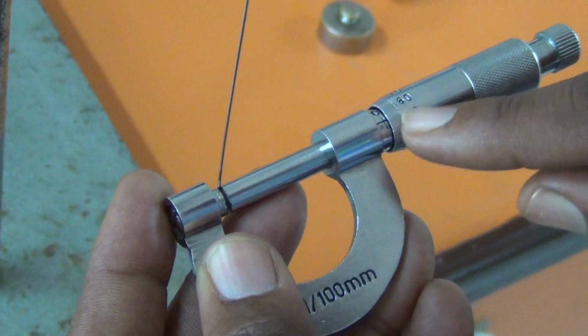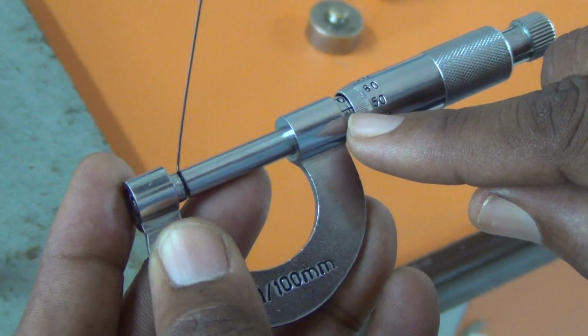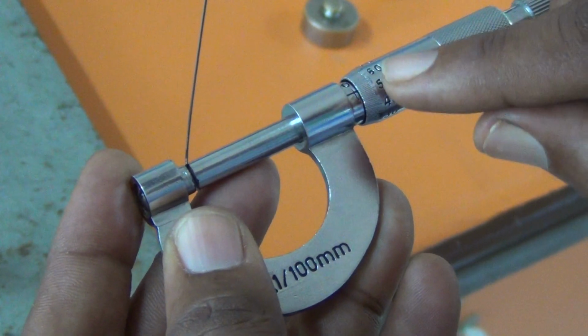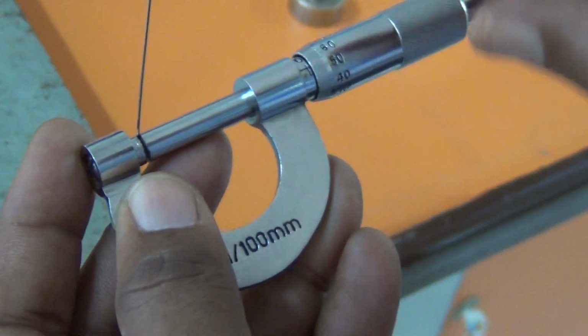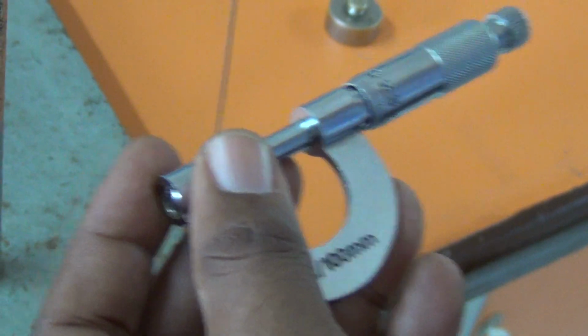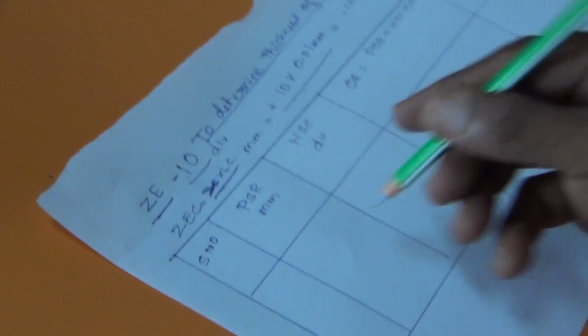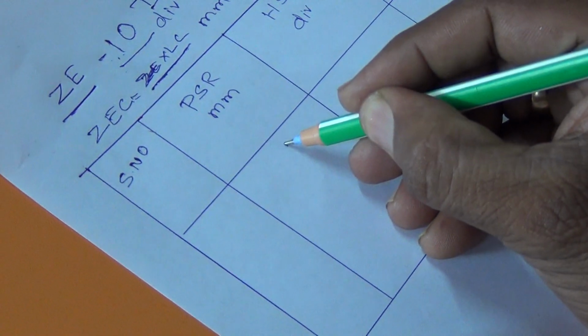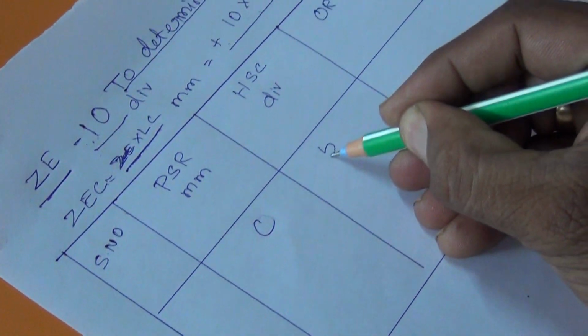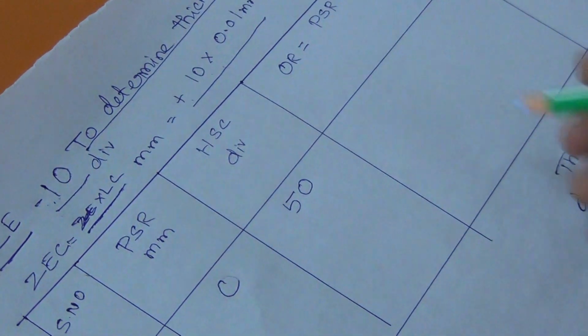Here it is not crossing 100, it is below 100. The pitch scale is showing 0. The head scale is showing 50. So we have to take the reading, pitch scale as 0, head scale as 50.